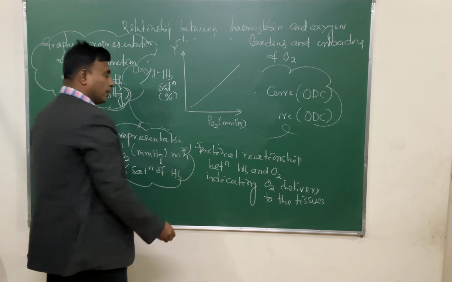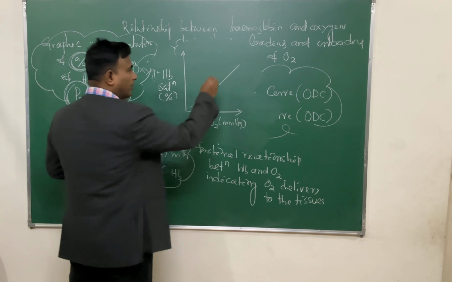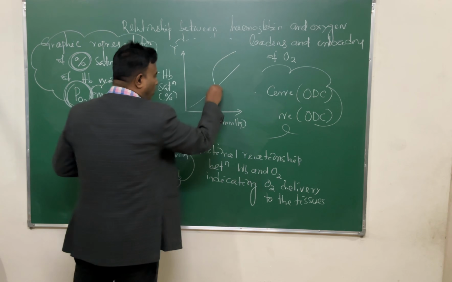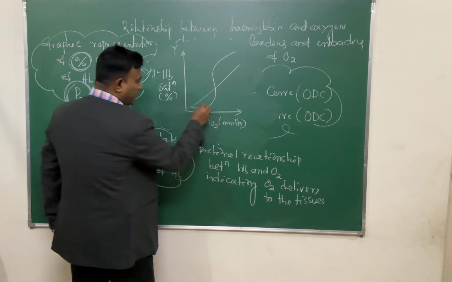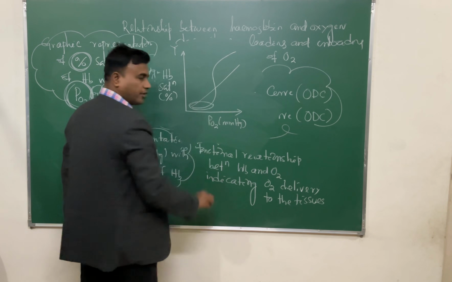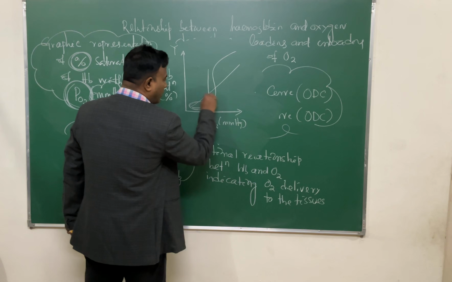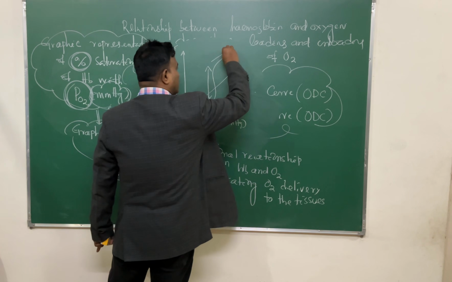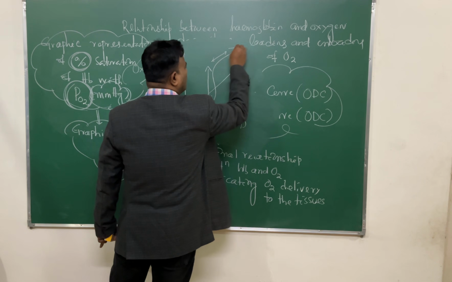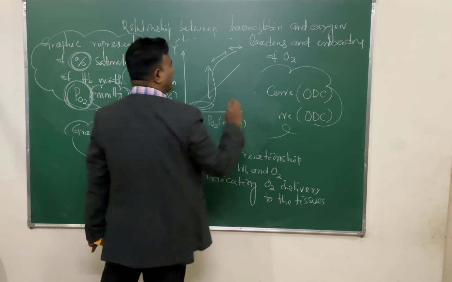But actually this curve is not a straight line, rather it's a sigmoid curve like this, an S-shaped curve showing a slow phase or a lag phase, then an exponential or very fast phase, then another slow phase, and then almost a constancy phase, meaning there is not any increase at all.